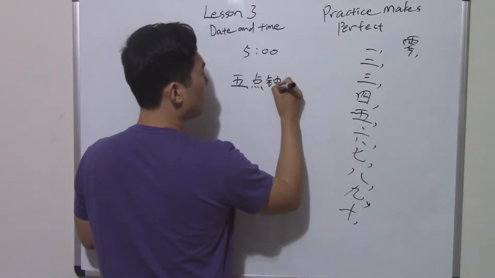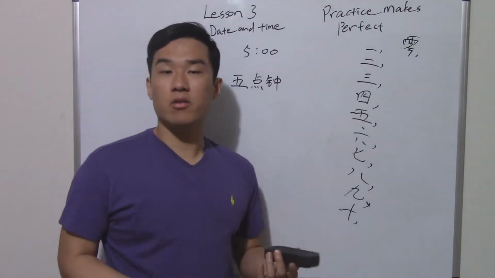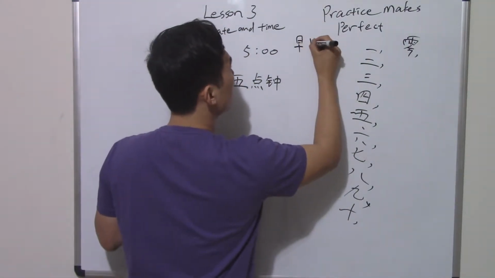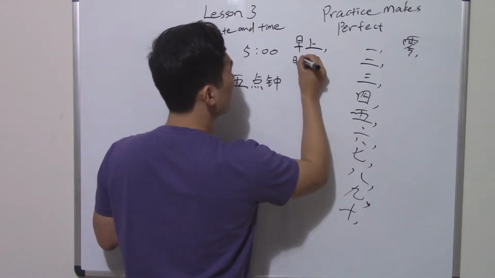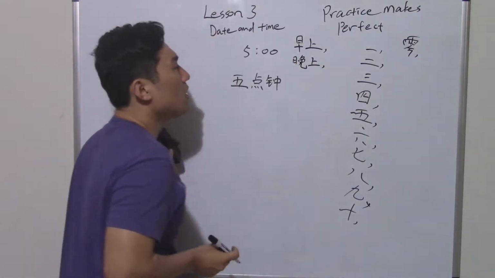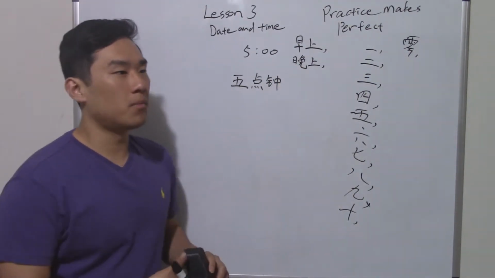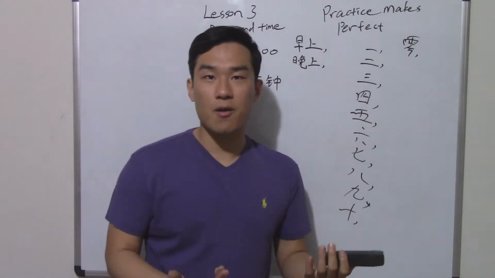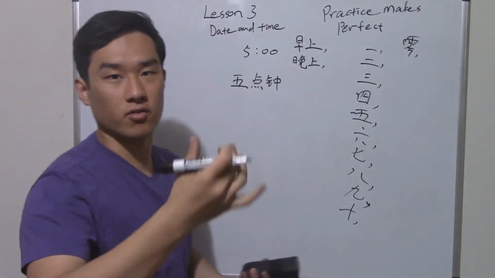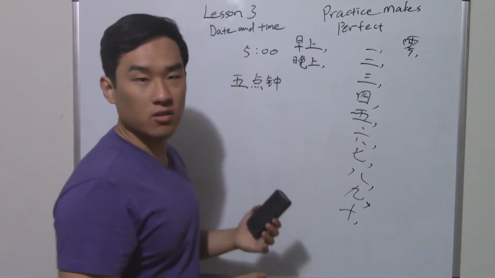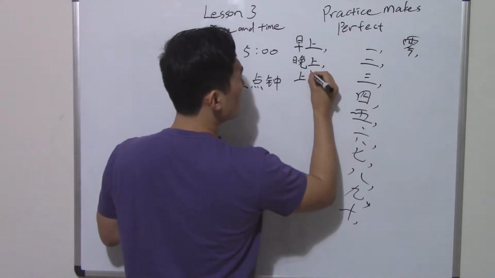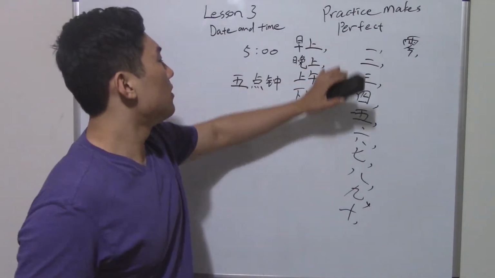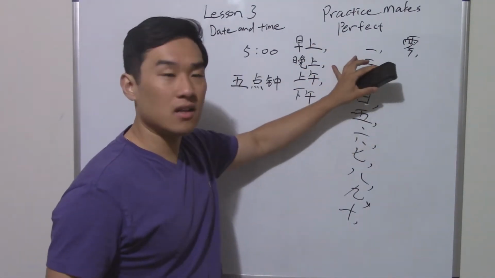And if you want to say whether it's AM or PM, the word 早上 means morning, and 晚上 means evening. 早上 works better for early mornings, and the evening is more like late night, when it's dark and the stars are showing. And for before noon, what would better be used is 上午, or 下午 for afternoon.